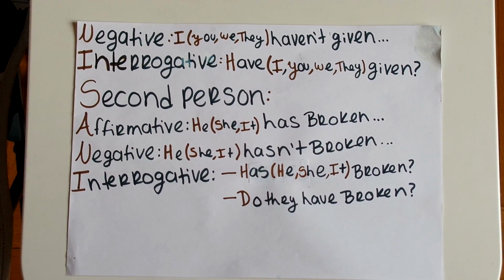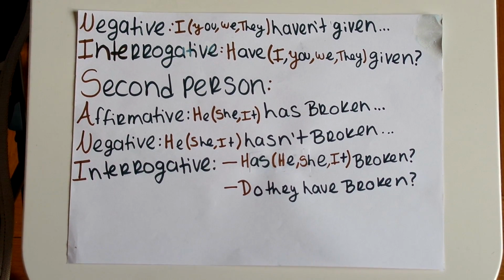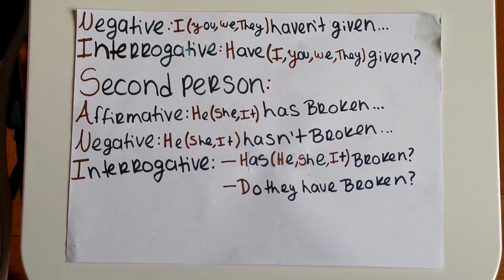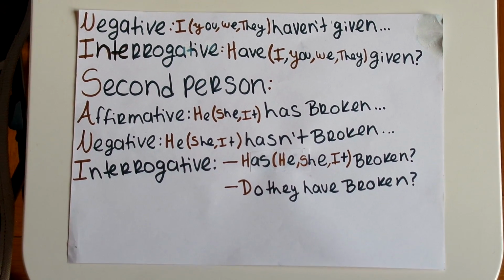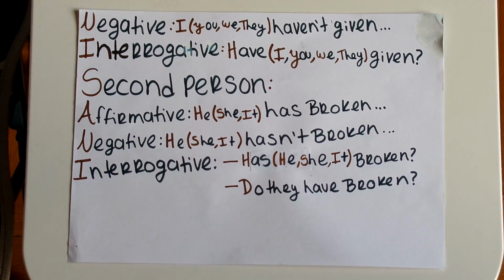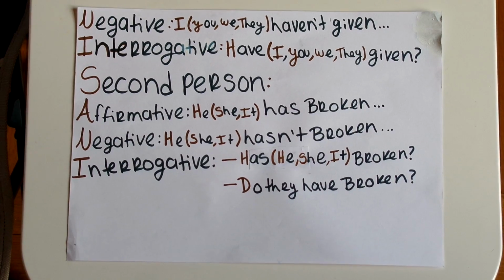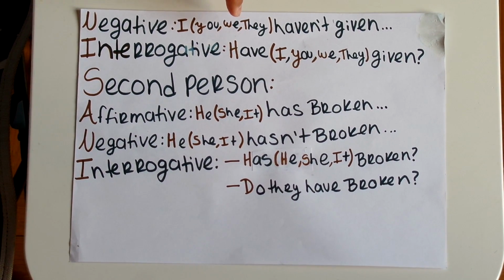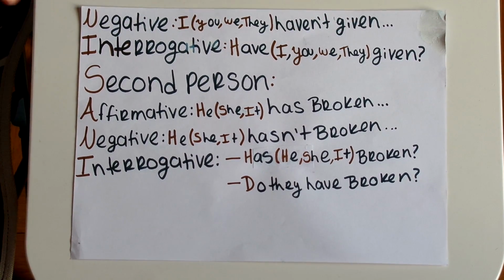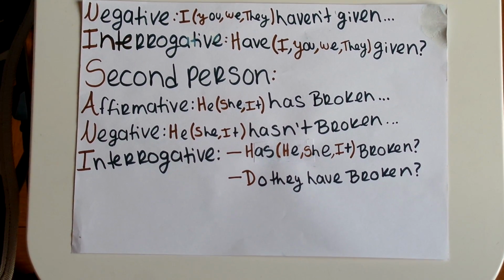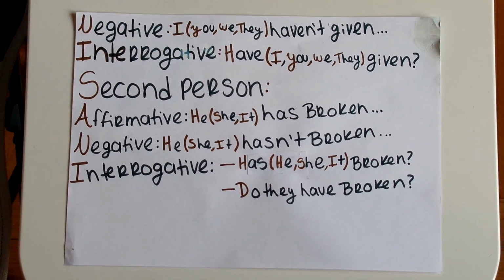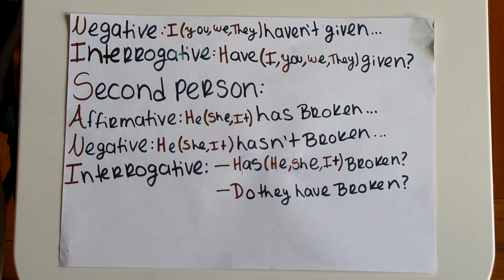In an interrogative way, interrogative case, is have I, you, we, they given, being the subject I, you, we, they, and the verb given. Here again is the connector have as the affirmative way.